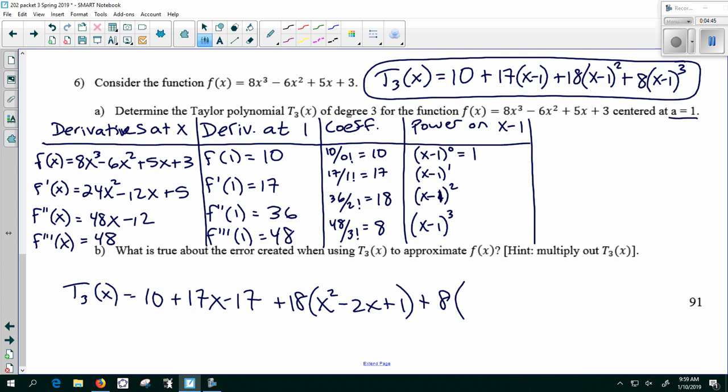Let's see. I'm going to distribute an x minus 1 to x minus 1 squared. So I get x cubed minus 2x squared plus x. That's distributing an x, and then I'm going to distribute a minus 1. So I have minus x squared plus 2x minus 1. And I'll simplify that in the next line.